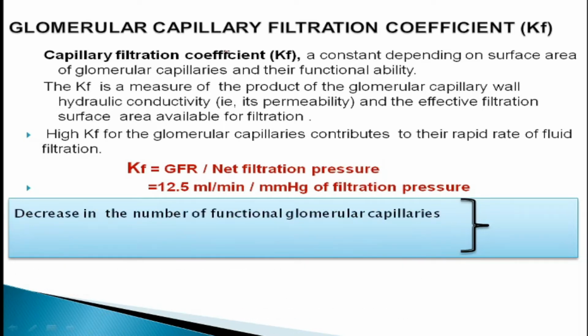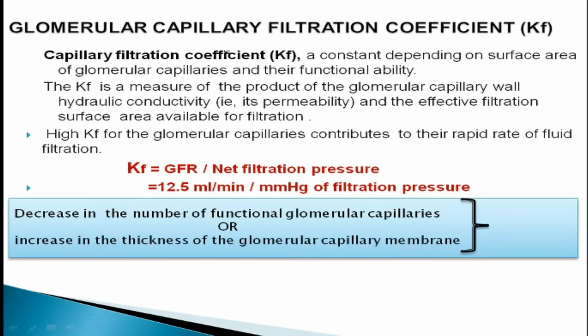Conditions like hypertension or diabetes mellitus, which are characterized by thickening of the glomerular basement membrane, are going to decrease the Kf. Or any condition characterized by damage to the glomerular capillary, like various glomerulonephritis, which reduces the average surface area of the glomerular capillary, the Kf will be reduced.